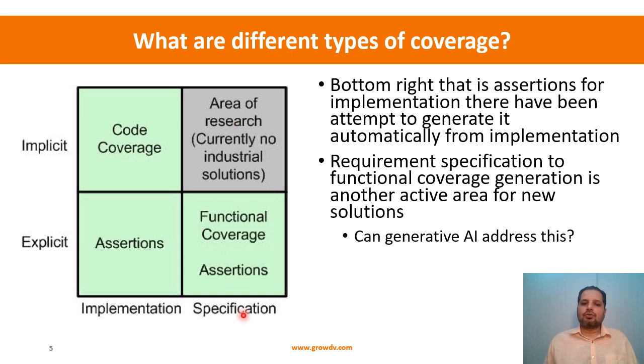So you need to take the specification and define the coverage plan, and then you need to go ahead and implement either the assertion or the cover group based coverage, and only when you run the regressions do you get that specification driven coverage, which all comes under explicit.